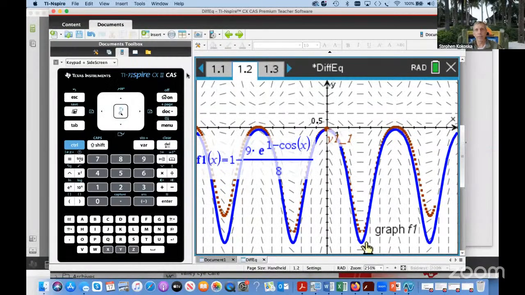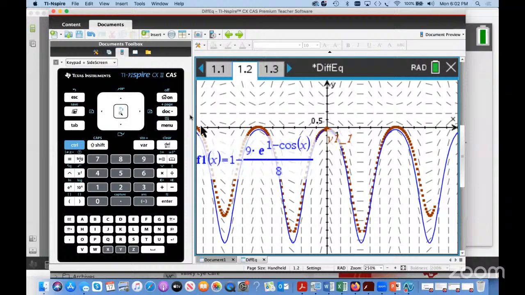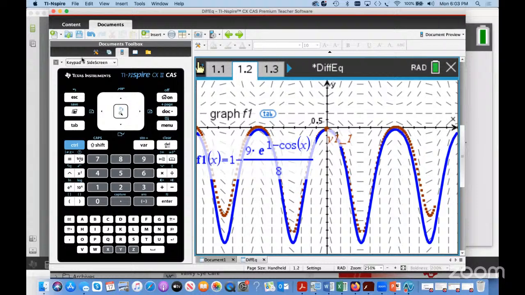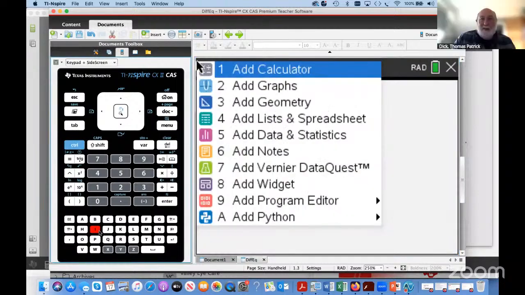I would just love to see if the way that Nspire graphs that, the sampling and all that, is any different. I'm just curious. You just need a new graph screen.